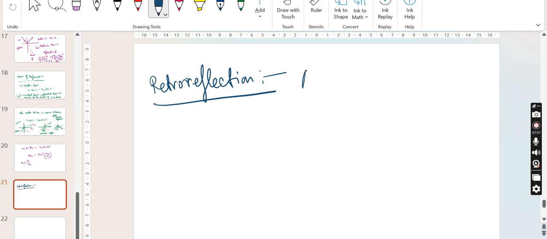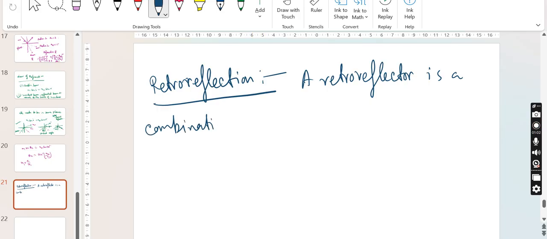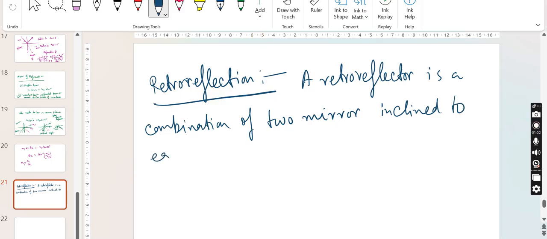A retroreflector is a combination of two mirrors inclined to each other at 90 degrees.